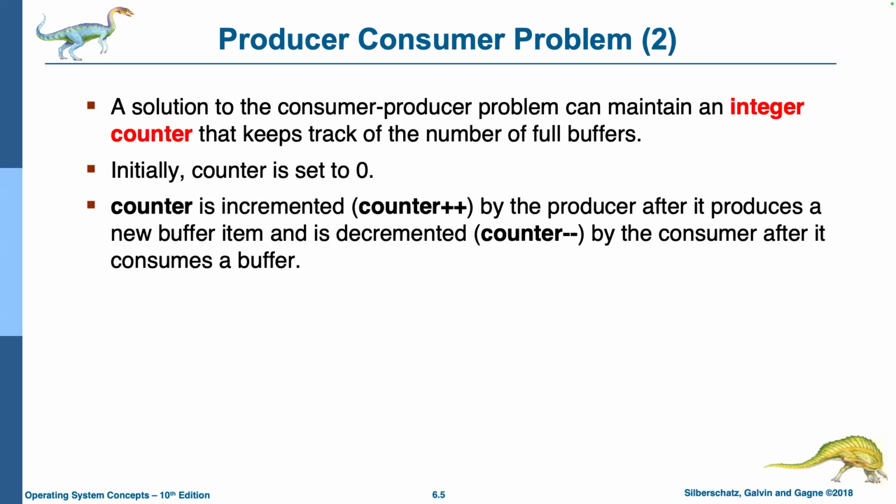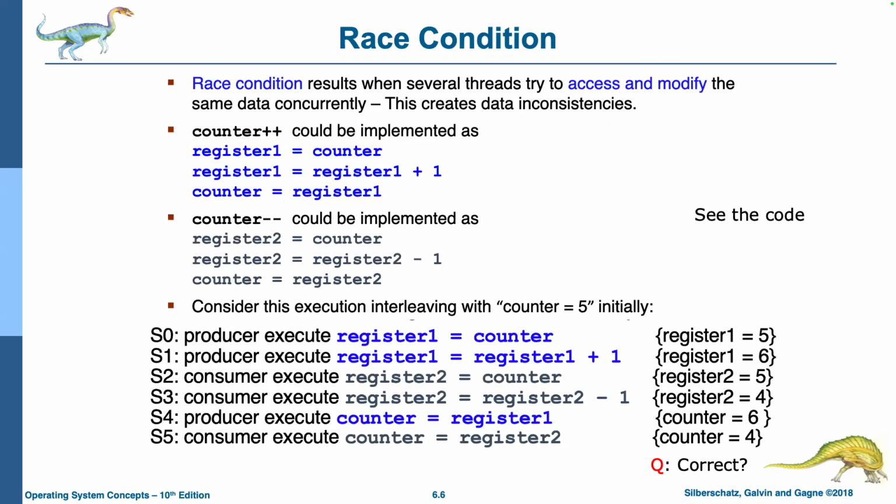We know that this is in C, right? It is increased by 1 by the producer after it puts new information in a buffer, and decreased by 1 by the consumer after it takes the data from a buffer.